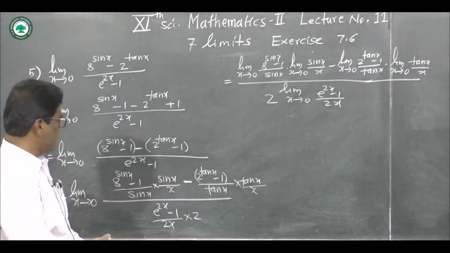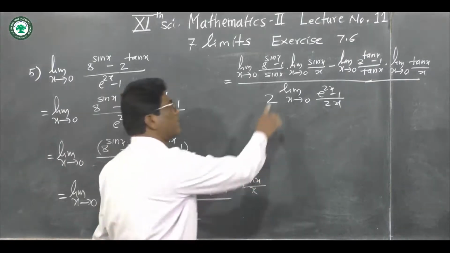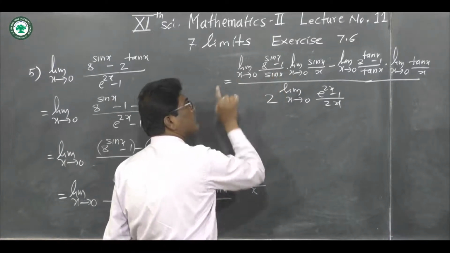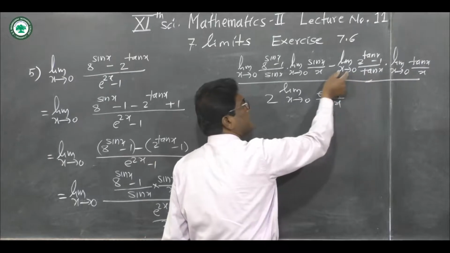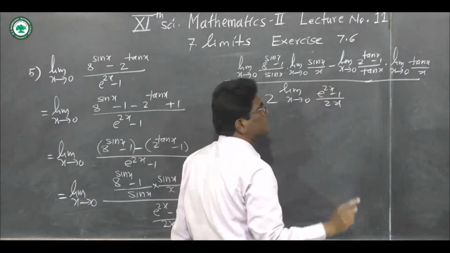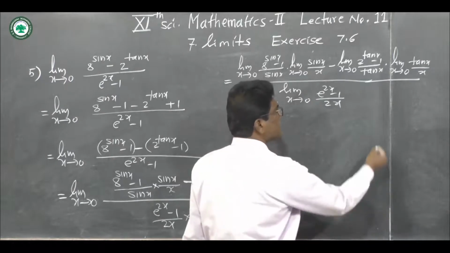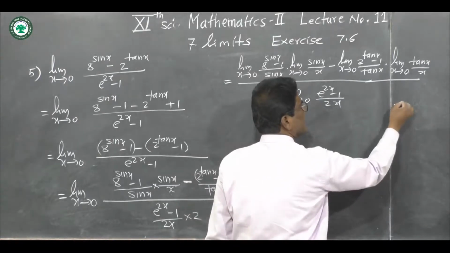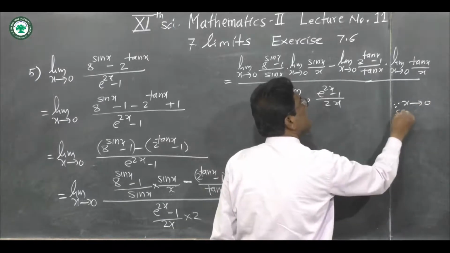Now here every formula we adjust. Only here the power is sin x upon sin x, and sin x should tend to 0. Here also the power is tan x upon tan x, and tan x should tend to 0. Then we use the standard formula. Since x tends to 0, when x is 0, what about sin x?